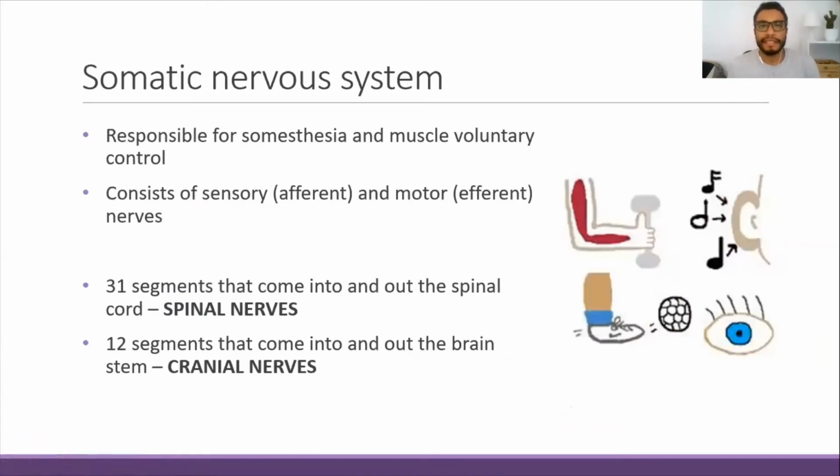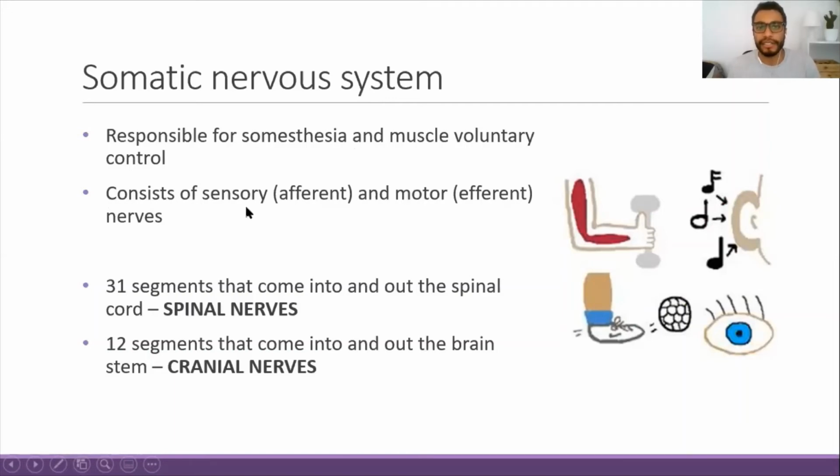The somatic nervous system is responsible for somesthesia and voluntary muscle control. What is somesthesia? Somesthesia is the perception that we have for touch, and also proprioception. So this system is voluntary, voluntary contraction.